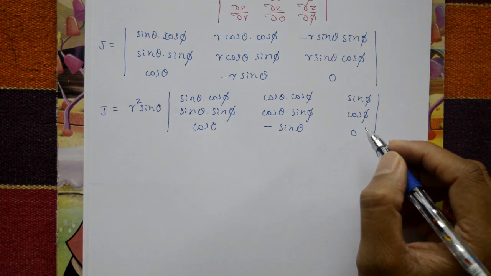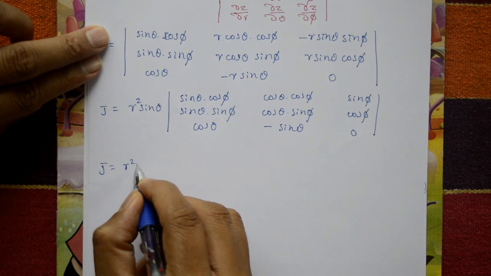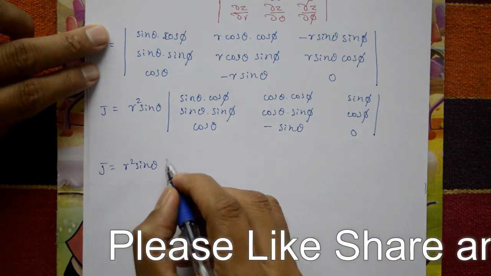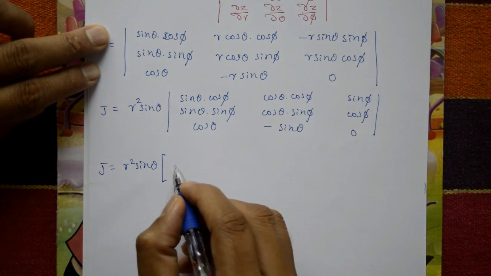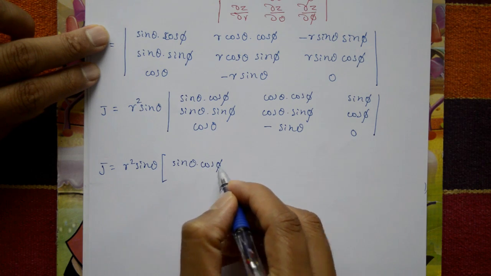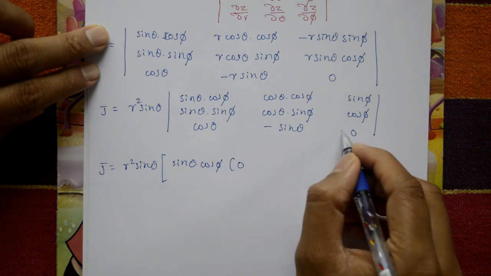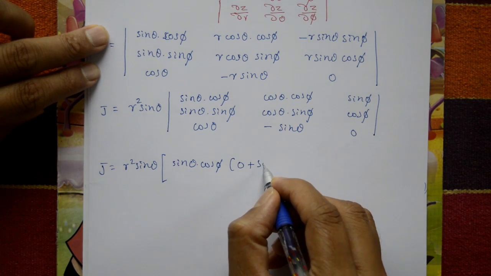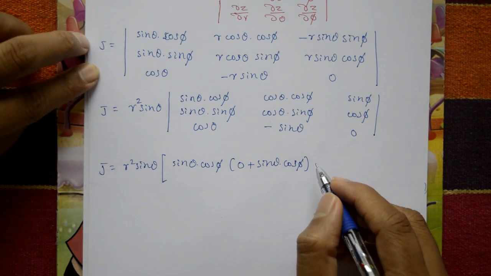Okay. Now expand this determinant. J is equal to r square sin theta, with signs plus minus plus. First one is sin theta cos phi, taking the multiplication of these four elements: first 0 minus minus plus, sin theta cos phi. Okay.